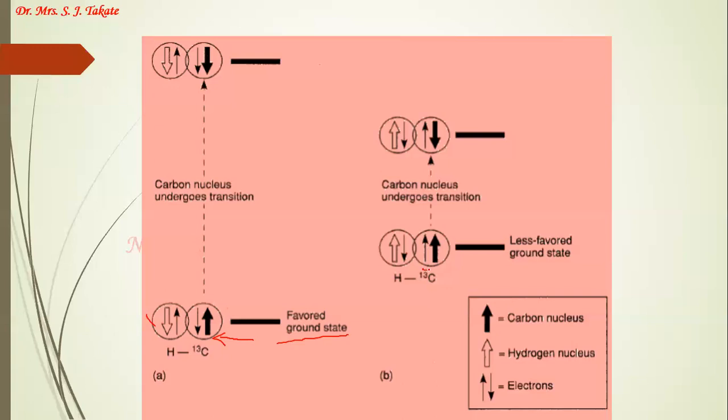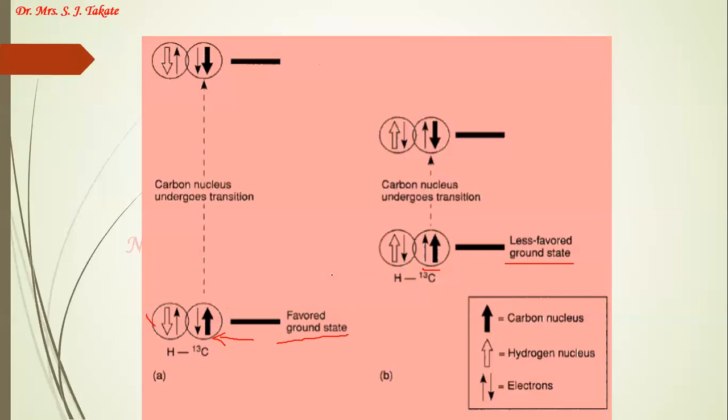And due to this, what has happened now, the carbon 13 and the electron close to it, their spins are parallel to one another. So this ground state carbon 13 nucleus feels two different types of ground state. This one will be a little bit higher in energy, and we call it a less favored ground state.